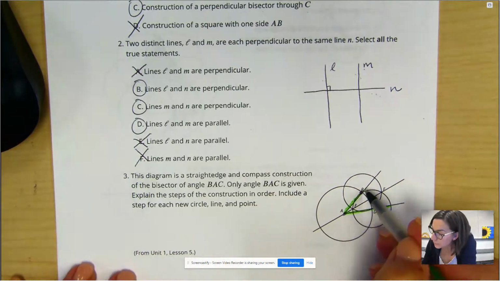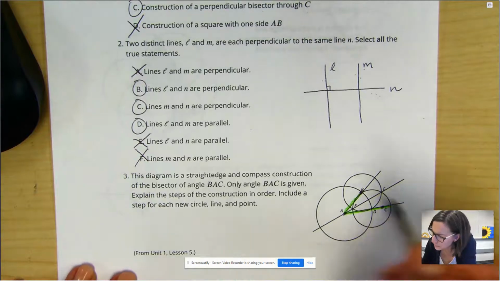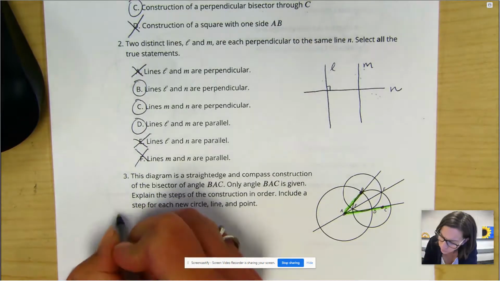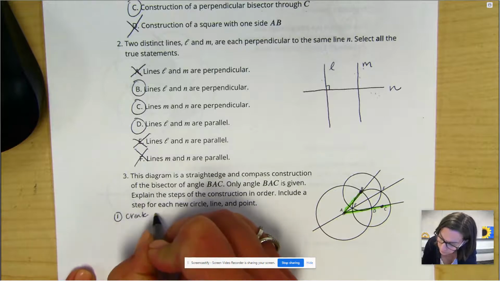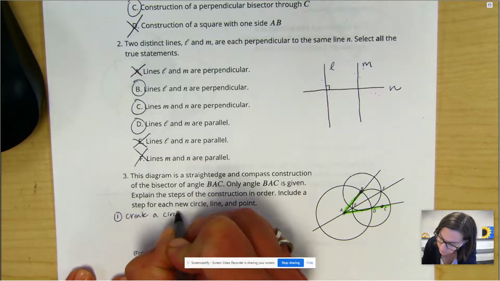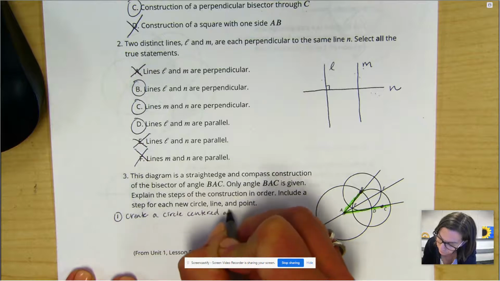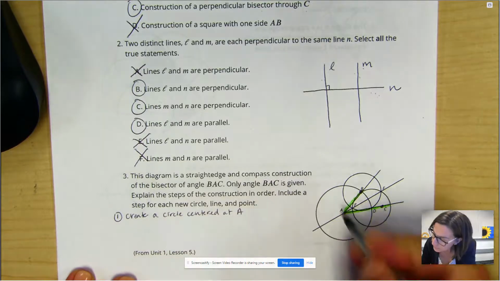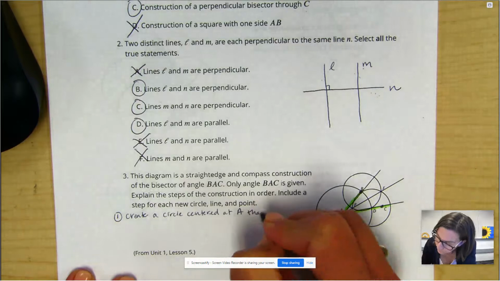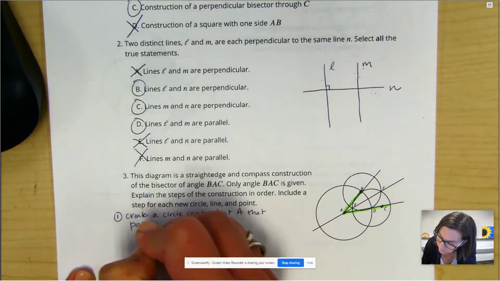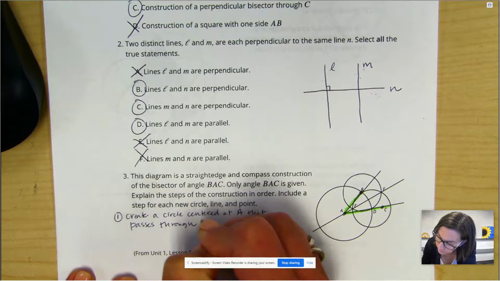Well, we first took our compass and we marked the two rays, 2 spots equidistant from the vertex. So let's say create a circle centered at A. And it's going to pass through B. That passes through B. It doesn't have to, but it does over here.